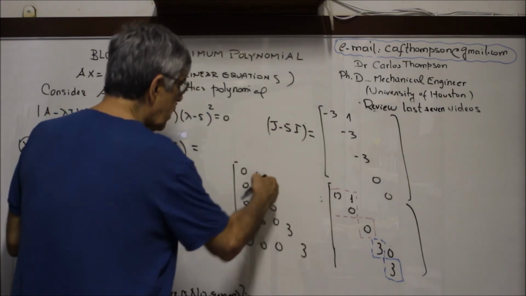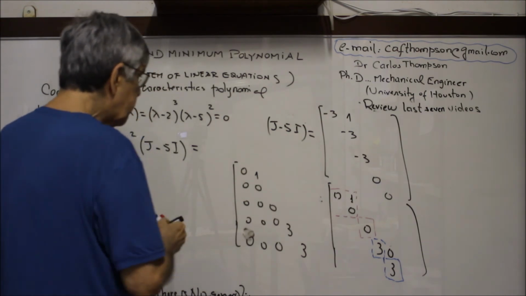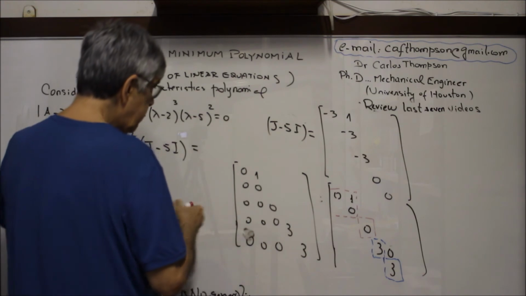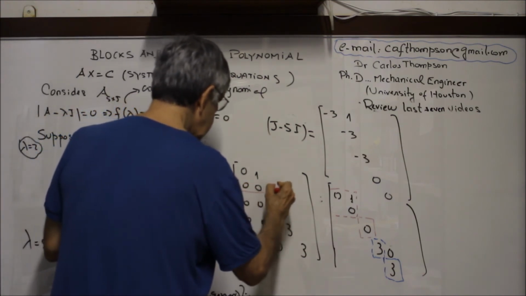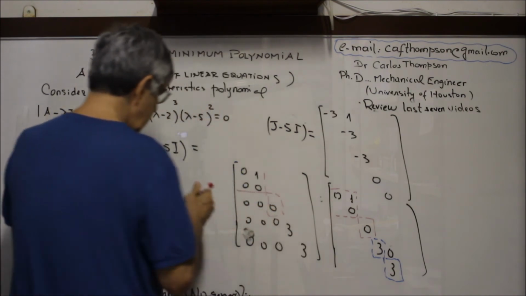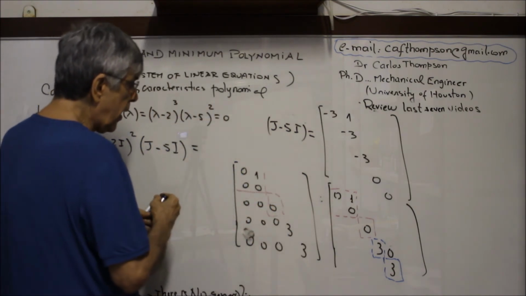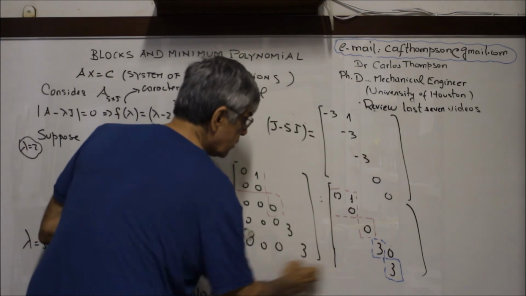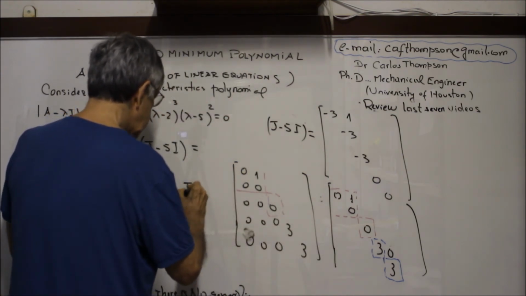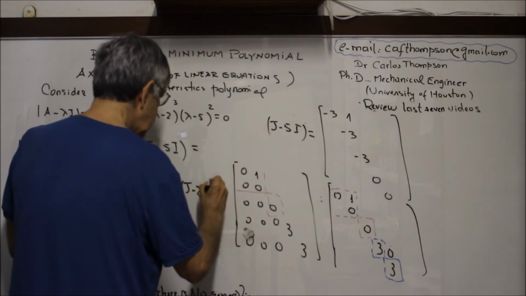In the super diagonal, I have only 1. Let's multiply. Now, here's the block. See the block here, the block and the block here. Now, I multiply these 2 matrices. This is J minus 2I squared.